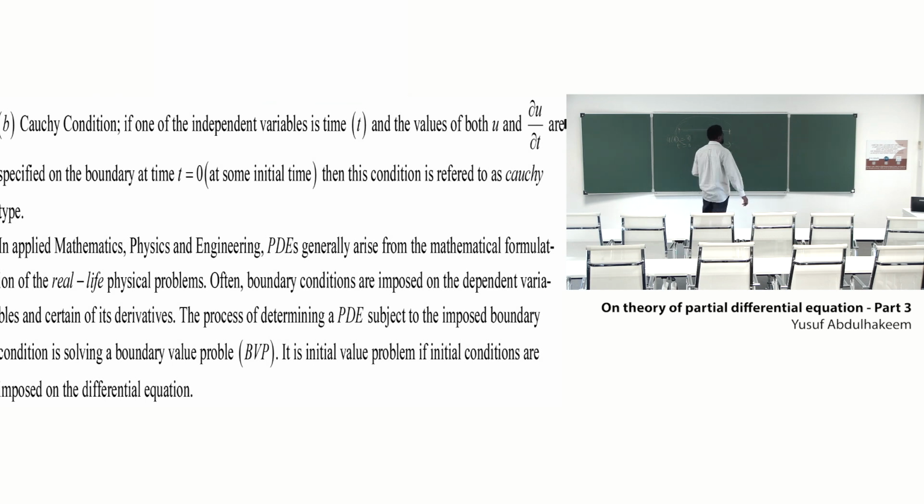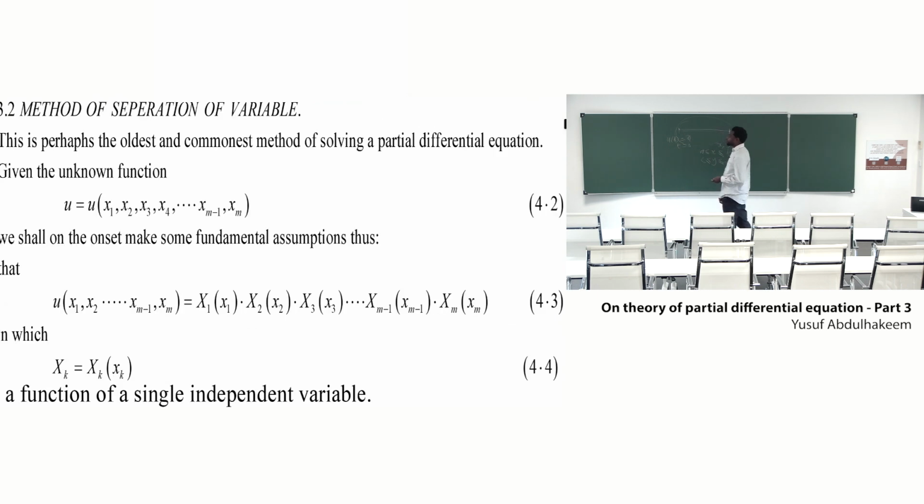Which implies that we have a differential equation and attached to it some boundary conditions. So the differential equation with the boundary conditions together is what we call the boundary value problem. And it is an initial value problem if the conditions are imposed at the initial time.